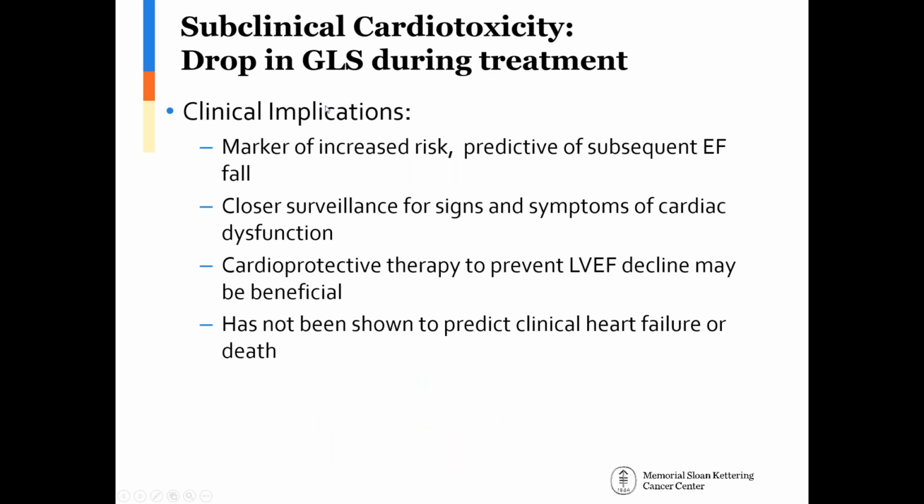So currently, subclinical cardiotoxicity by GLS can be interpreted as a marker of increased risk, predictive of subsequent EF fall, warranting closer surveillance for signs and symptoms of cardiac dysfunction. Cardiac protective therapy to prevent EF decline may be beneficial, though it's important to remember that GLS drop during treatment has not been shown to predict clinical heart failure or death, and should not be used as an indication for stopping cancer treatment.